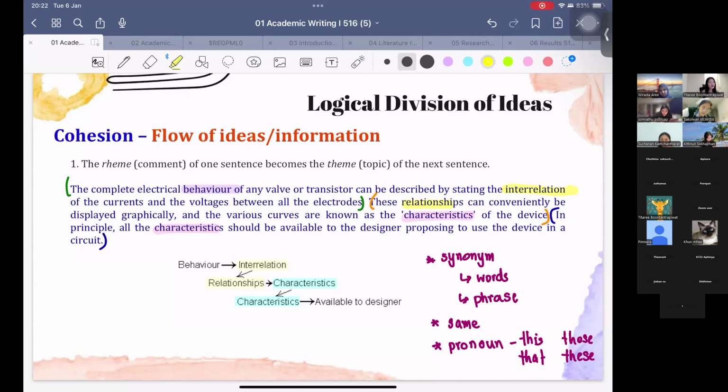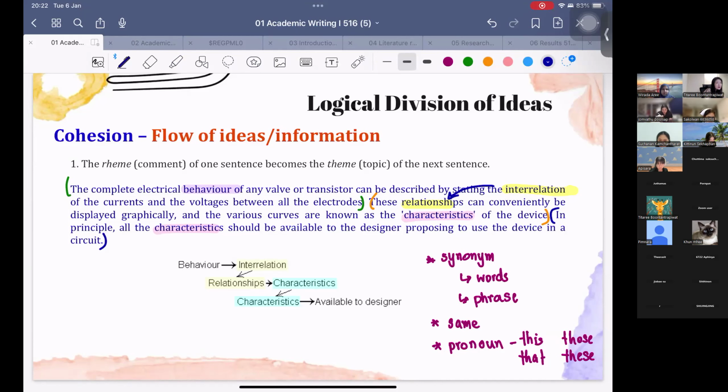When you want to further explain these interrelations and shift to the next sentence, instead of repeating the same words, you can use synonyms. Instead of the word interrelation, you can go with the word relationships.